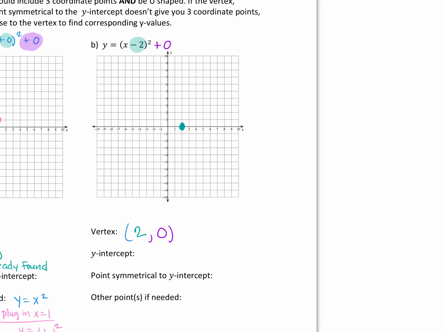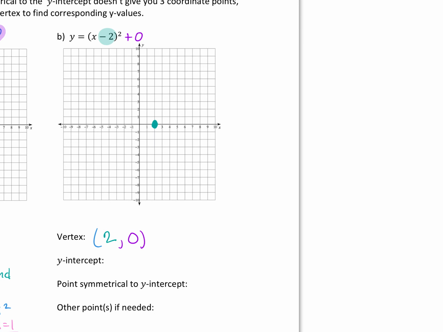And now we need to find the y-intercept. So the y-intercept is when we take our equation, right? We have the -2 inside the parentheses, and it's being squared. And we are replacing this x with 0.